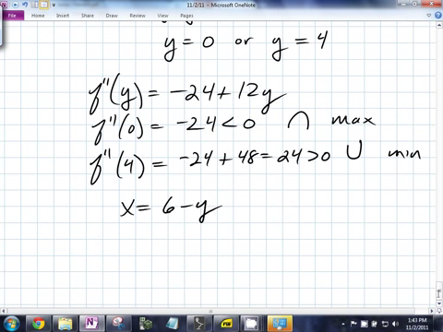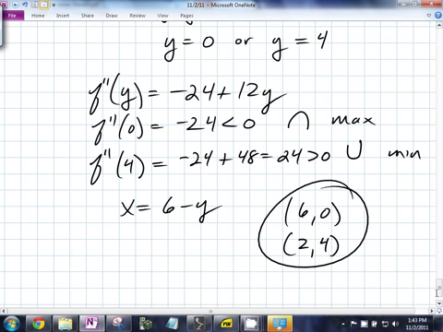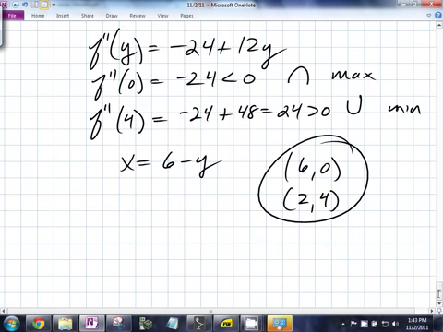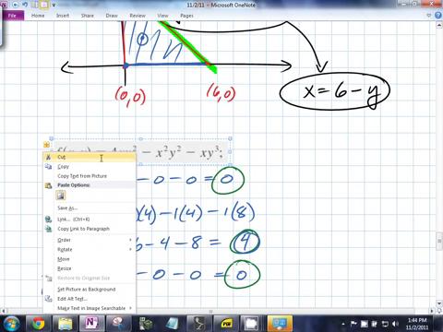And what do we have to do with those 2 points? Plug them into the original equation, right? Which was, let me go back all the way up here to this one, right? Well, one of them has a 0 in it, and do we like that? Yeah, so we know that f of 6, 0 is 0 minus 0.